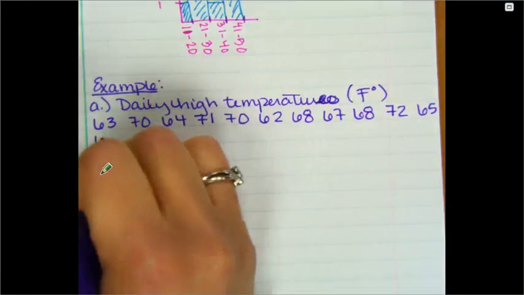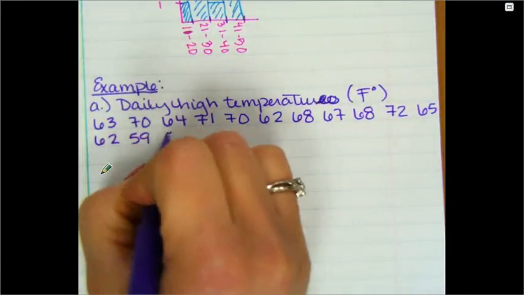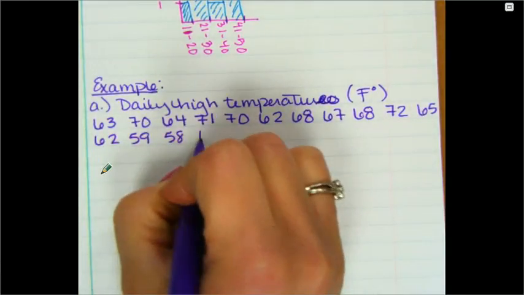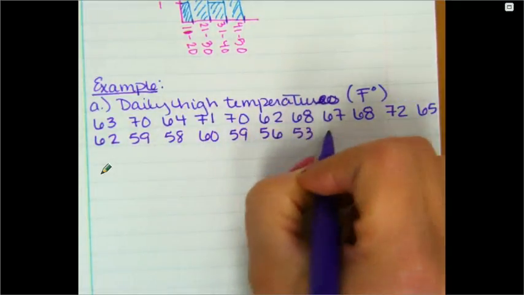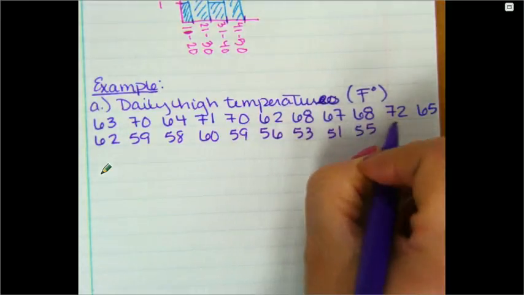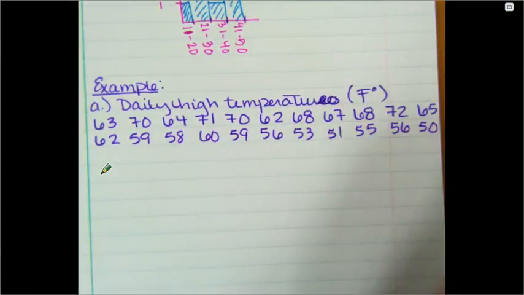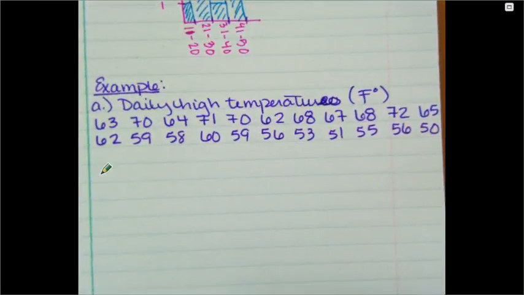Alright, next row. 62, 59, 58, there's one back. 60, 59, 56, 53, 51, 55, 56, and 60.